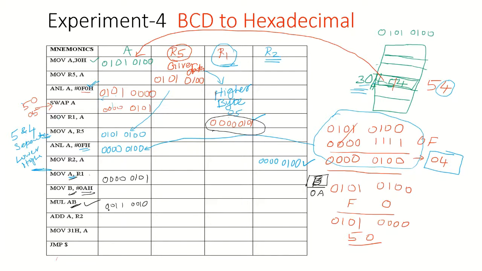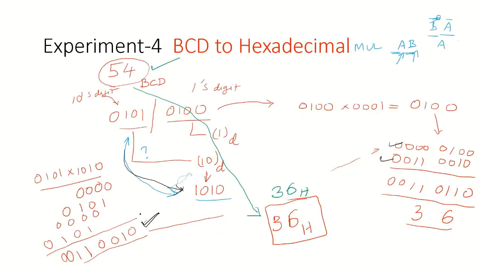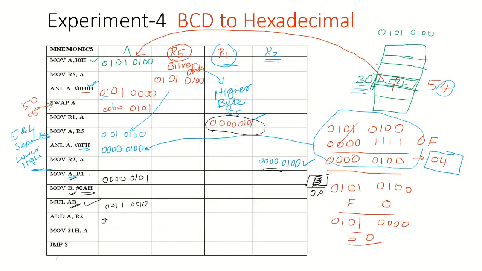Then after multiplication, what do you want to do? You want to add the lower and higher parts. This multiplication result, the higher byte converted into 50, the tens digit, you add with R2. R2 has the ones digit, which will be 4. When you add them, you get 3 6, that is 0011 0110.